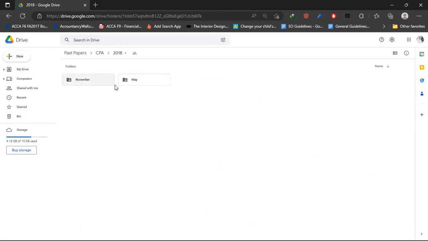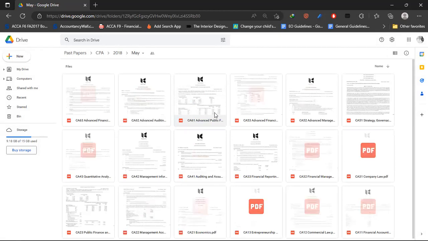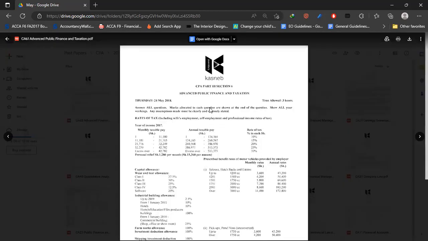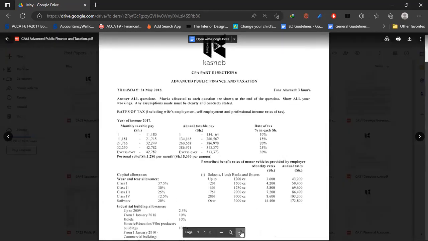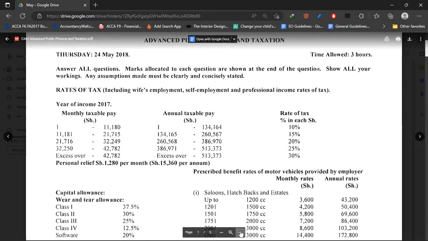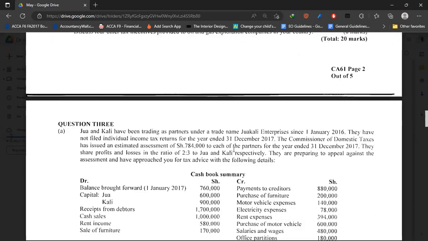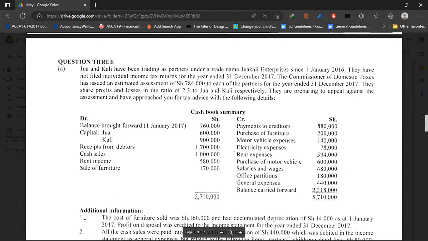For example, when you look at May 2018, question 3A. Can you be able to read this? Okay, I'll read. Jua and Kali have been trading as partners under a trade name Jua Kali Enterprises since 1st January 2016.